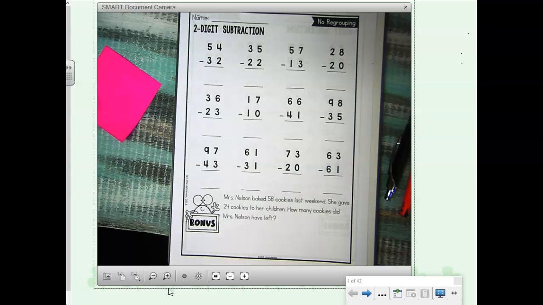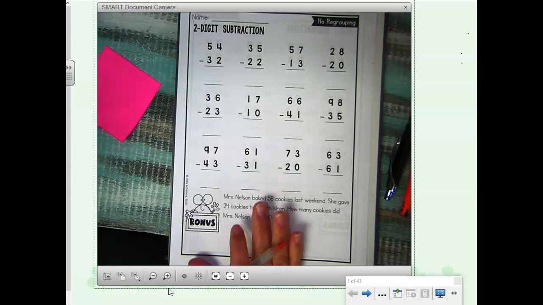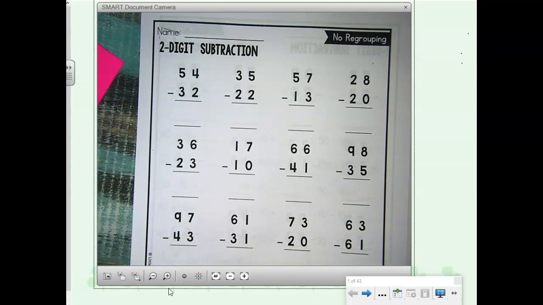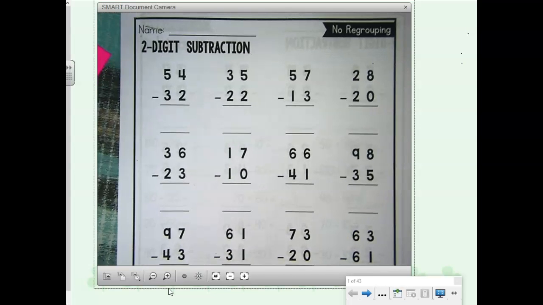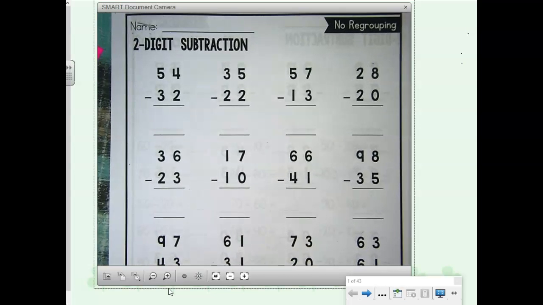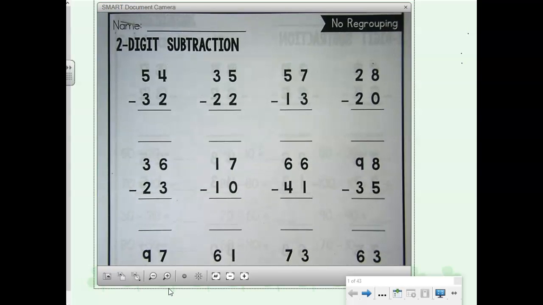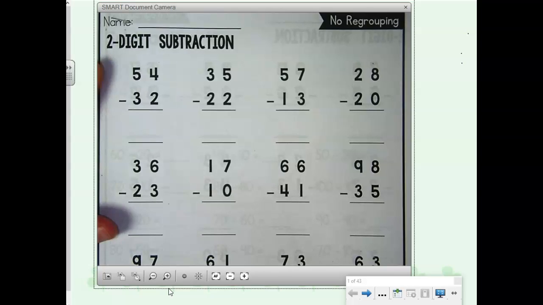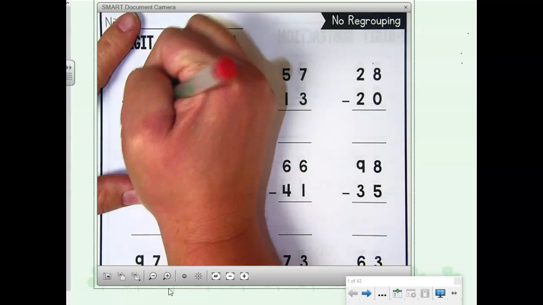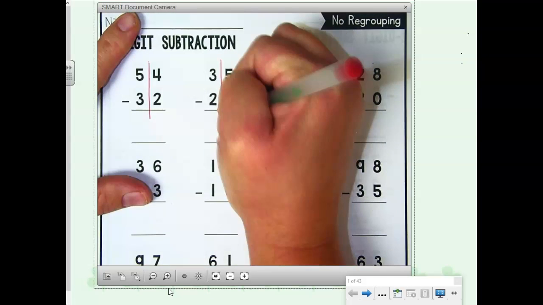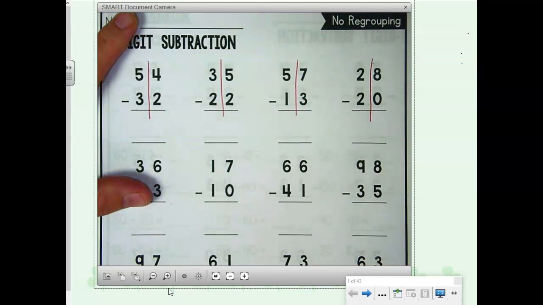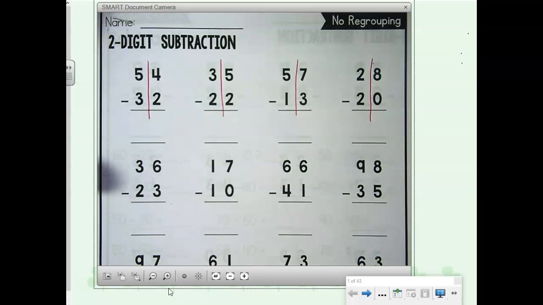Now, we learned a few things from Miss Schneider. Just like with addition, we start on the right. So even with subtraction, we're going to start on the right. Remember, you can draw your line to separate your tens from your ones, if you would like, if that helps you stay organized.